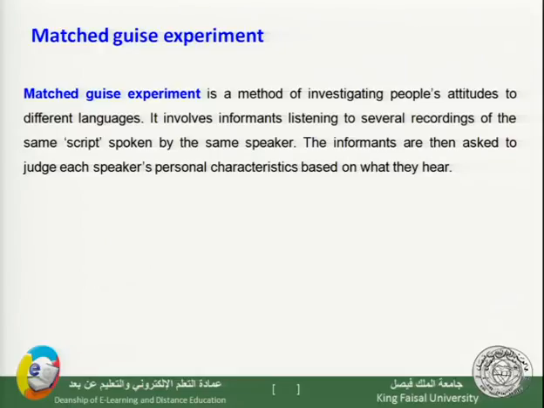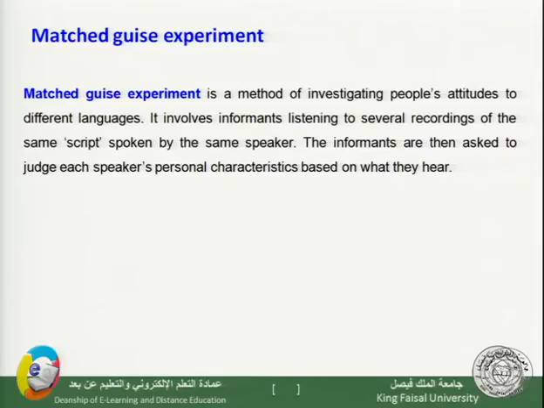So it is an experiment where we have one person giving, say, a lecture to some people who are listening to him. But the people listening will hear this lecture twice, recorded in two different ways. After they finish listening, those informants will be asked to judge each speaker's personal characteristics based on what they hear.